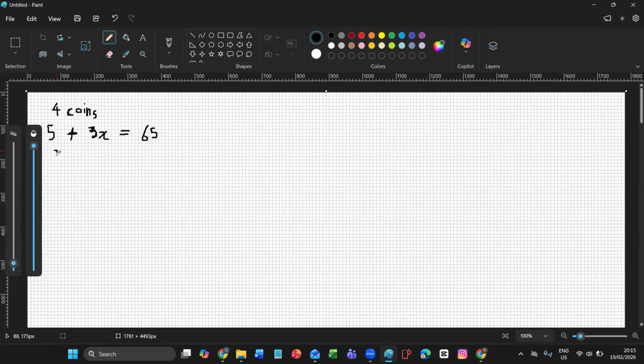Of course we're going to collect like terms. 3x will be left on the left hand side, and 5 will go to meet 65, so that it becomes what? 65 minus 5, which is equal to what? 60.